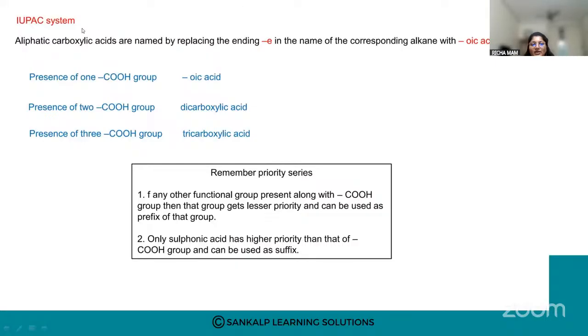This is IUPAC. Aliphatic carboxylic acids are named by replacing the end E of the alkane name. Suppose it is methane. I replace this E with oic acid, so it becomes methanoic acid.